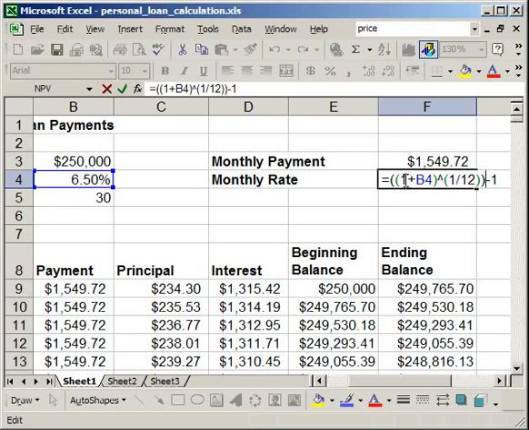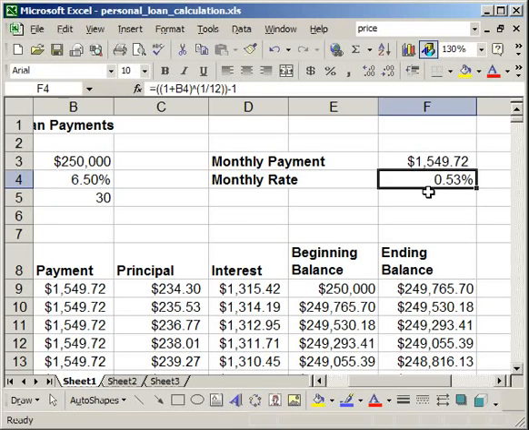Just note that here it's basically saying 1 plus 6.5%, and then caret, so raised to the power of 1 divided by 12 months, and then minus 1. So if it was semi-annual, just change this to a 2 instead of 12, and it's going to get you the right number. So that's how you do the monthly rate.